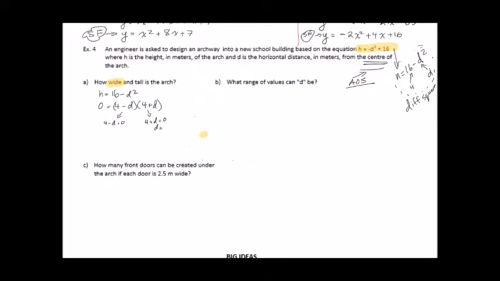Solving for D, D is negative 4 on this one, and D is 4 on this one when you solve.